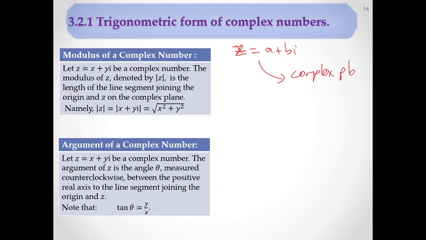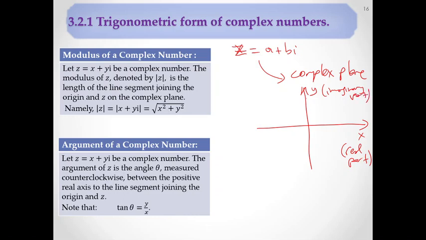The complex plane is a Cartesian coordinate plane, but the x-axis we will use for the real part of the complex number, and the y-axis for the imaginary part. So when we say 2 plus 3i, it means this point. The imaginary part is 3, and the real part is 2.